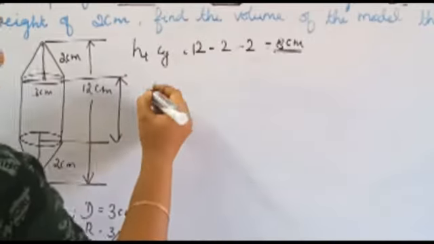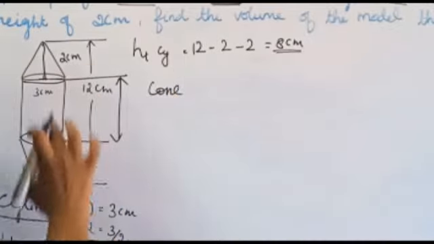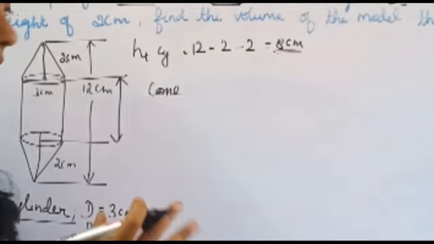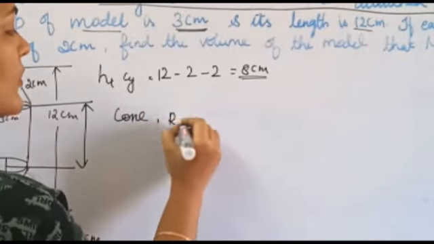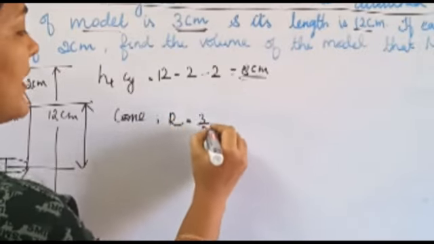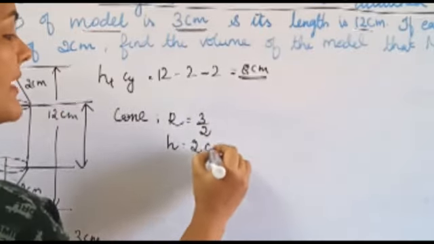Then for the cone we have two cones. Both cones have the same dimensions. The cone also has the same diameter, 3 centimeters. So radius is equal to 3 divided by 2 and the height for both cones is 2 centimeters.